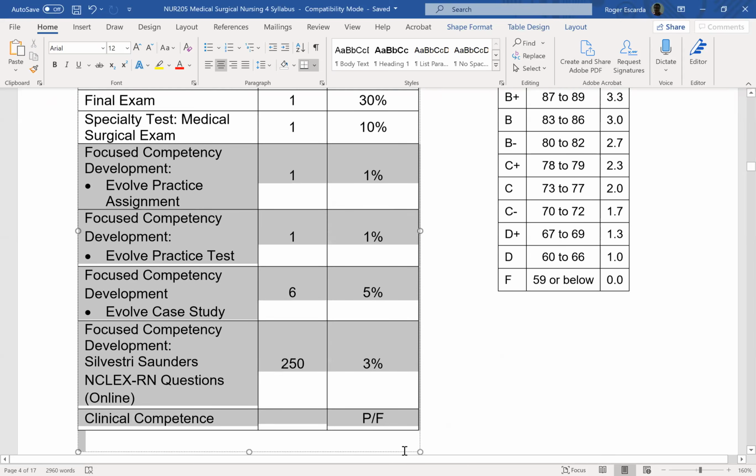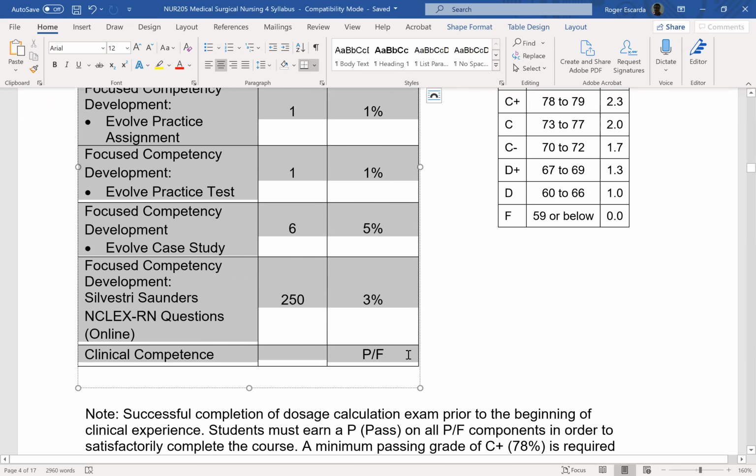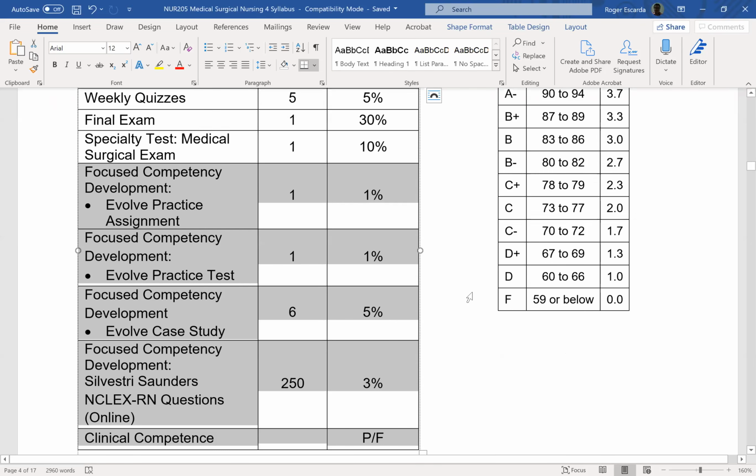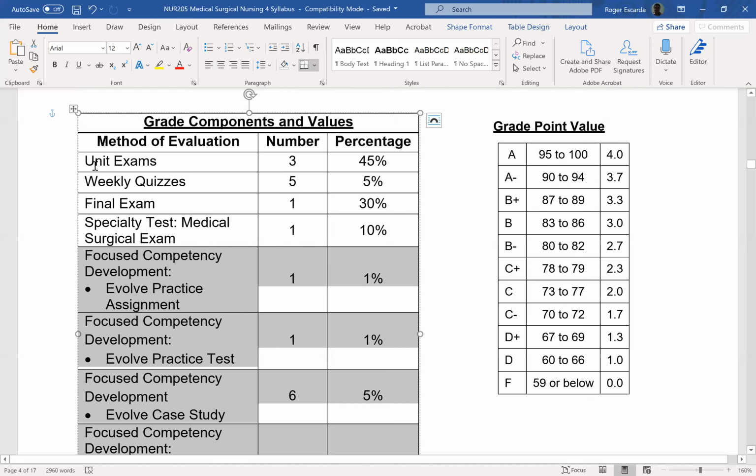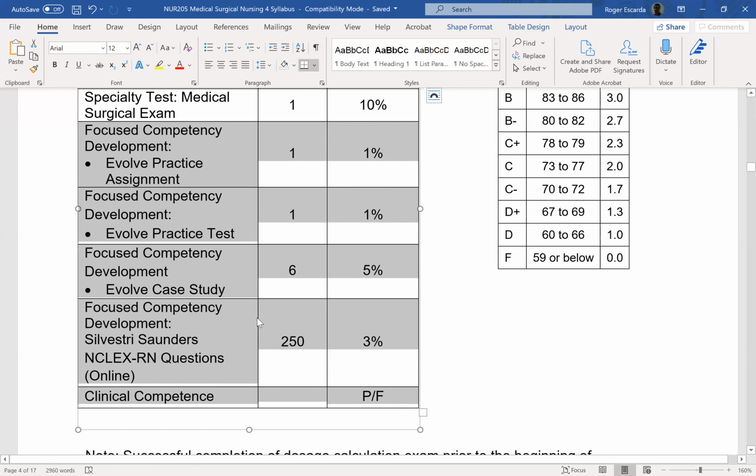So these, which are only 10%, are all going to kick in once you reach 78% on the objective scores. So once your unit exams, quizzes, the final, and the specialty score all total to at least 78% or better, then the final course grade will include these.